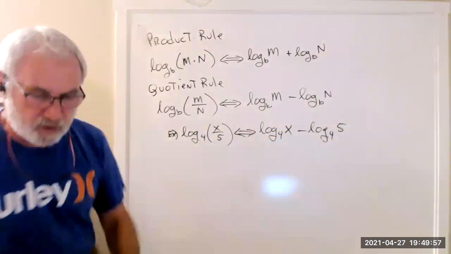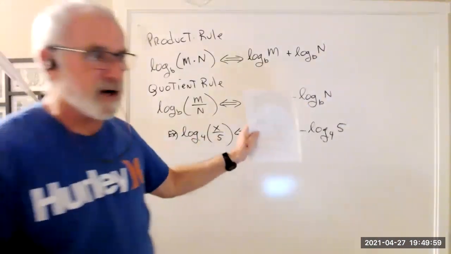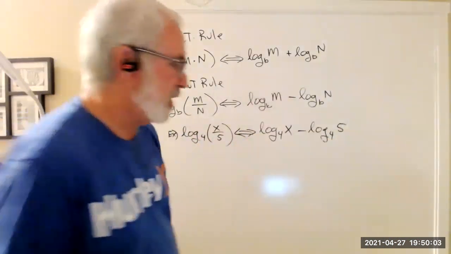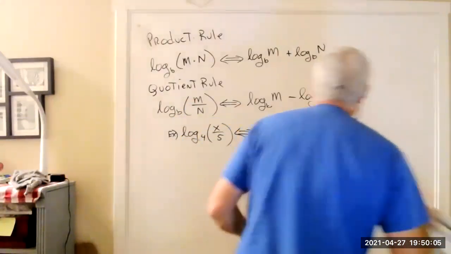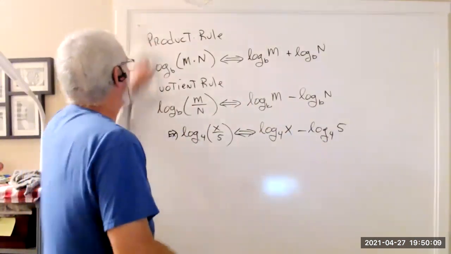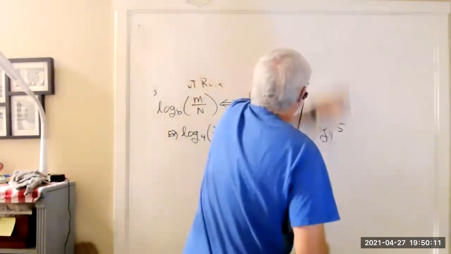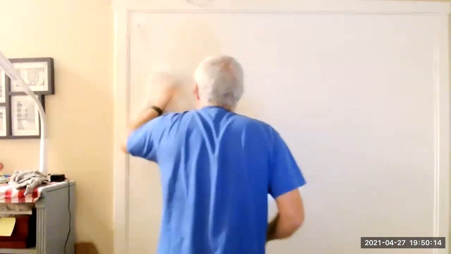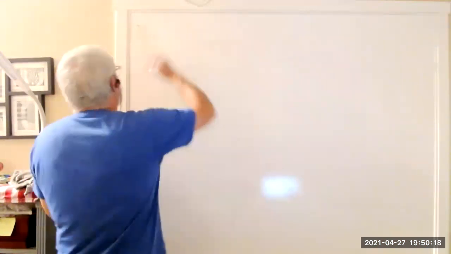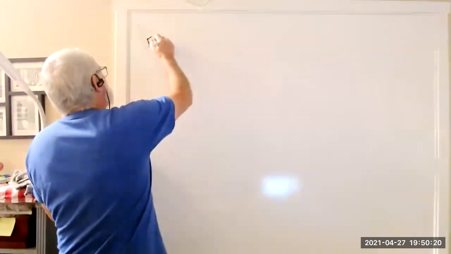So those are the basic ones. They're at the top of this handout, along with some other ones. Now I'm going to give you almost exactly what I'm going to test you on and what you're going to see on the exam. The first thing we're going to see is it'll say expand.